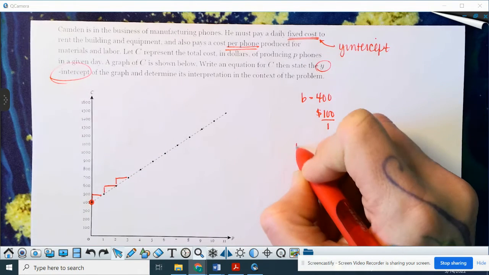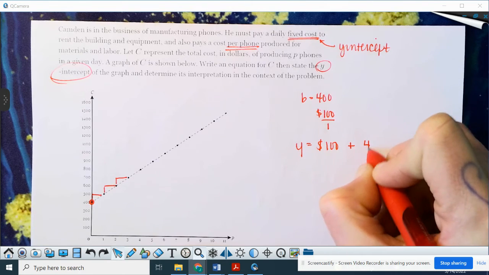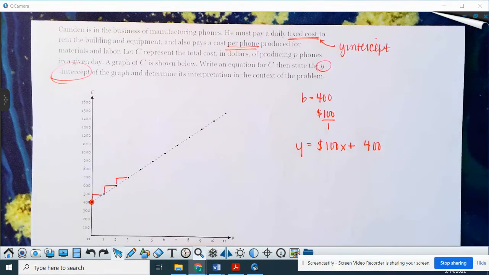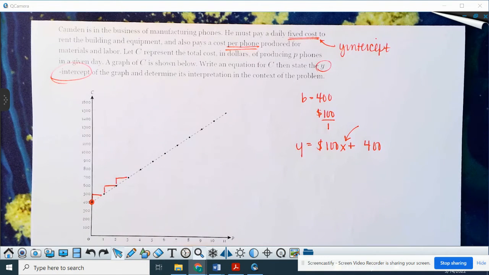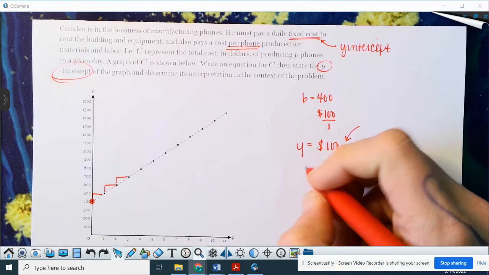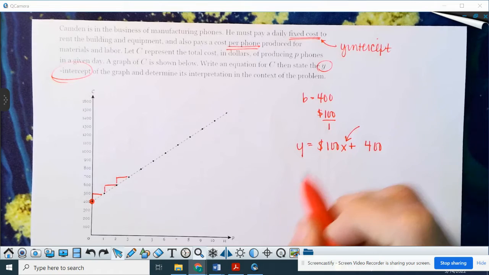So that means our equation is Y equals 100X plus 400. For every $100 after you pay your 400, that depends on how many phones, which would be your X value. And then it said to interpret your Y-intercept: it's a $400 daily fixed cost to rent the building and equipment.